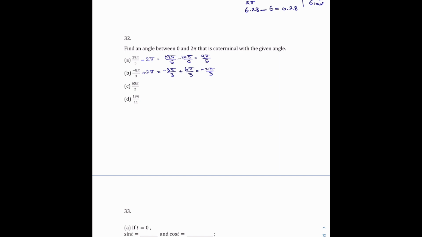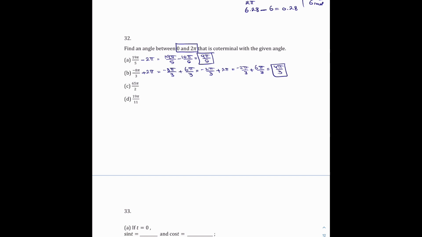Now it says it's positive, so I need to make it into a positive angle by adding 2 pi again, which means negative 2 pi over 3 plus 6 pi over 3, and that is equal to 4 pi over 3. So that is the answer, because it has to be between 0 and 2 pi, so negatives can't count.